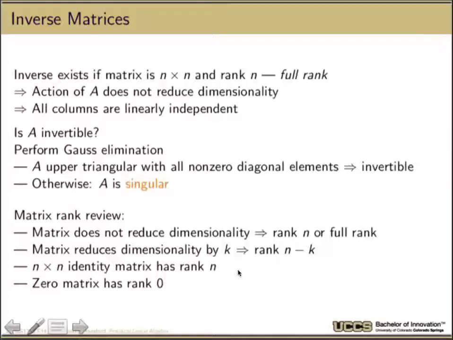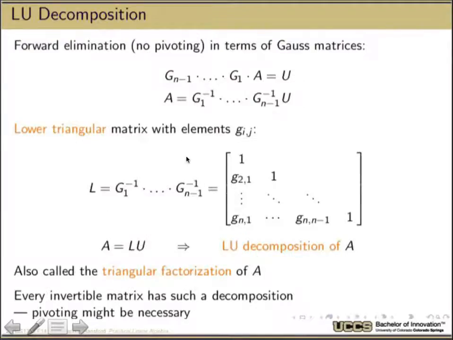Okay, so now let's look at combining a bunch of Gauss eliminations. If I want to solve not one equation, but a lot of equations, we're going to use this thing called LU decomposition. Going back to what we saw, we could view our steps for solving by Gauss elimination as A times pivot 1 times G1 times pivot 2, G2, and so on, to Gn. If we forget pivots for a second, I can represent this as a product of matrices.